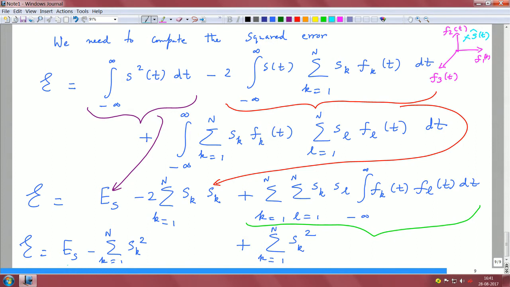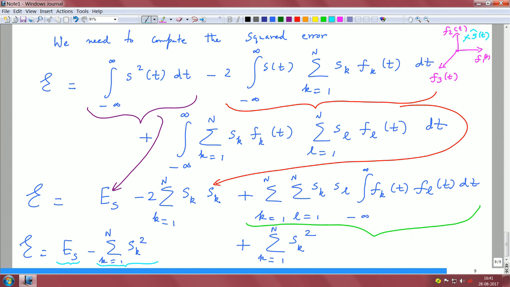The error that I make in such an approximation is the energy in the signal, which is E_s, minus the summation k equals 1 to capital N of s_k square.